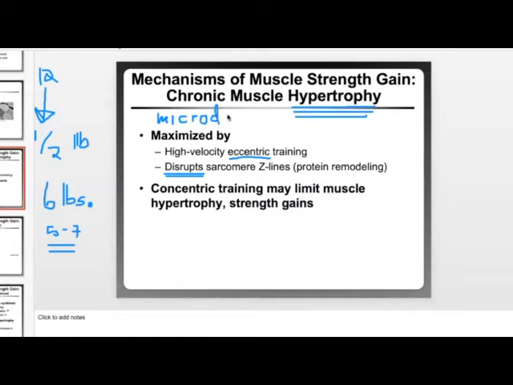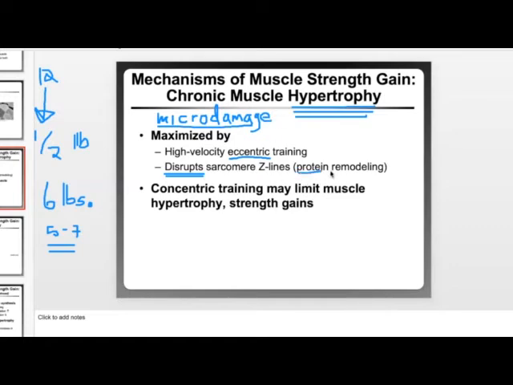Now, if there is no micro damage, then the muscles or the body or the brain, from a hierarchical perspective, doesn't think that there's going to be any issue. But if you do eccentric muscle training and you tear these muscles apart, then your body is going to want to heal or make your muscles even more effective for the next bout of exercising.